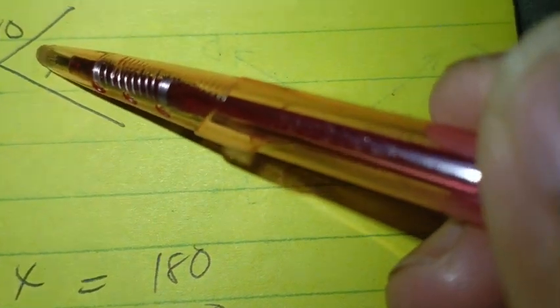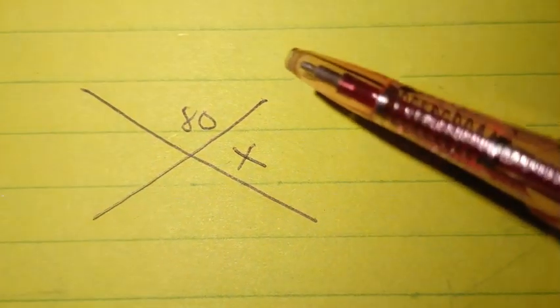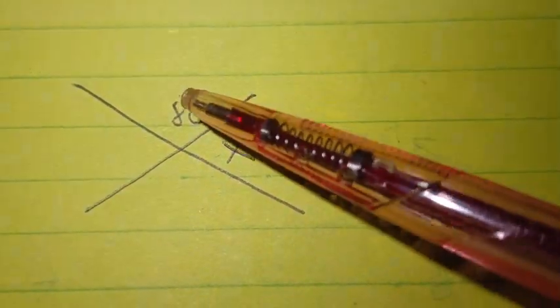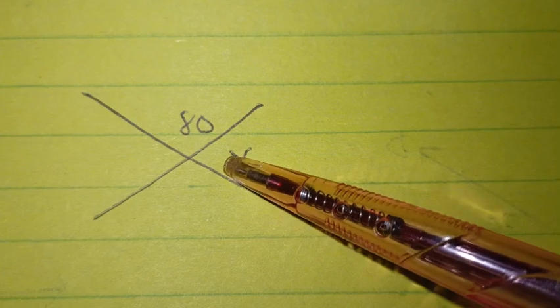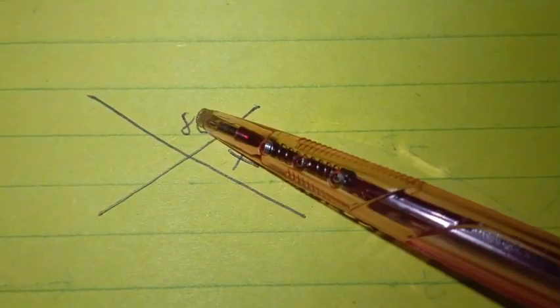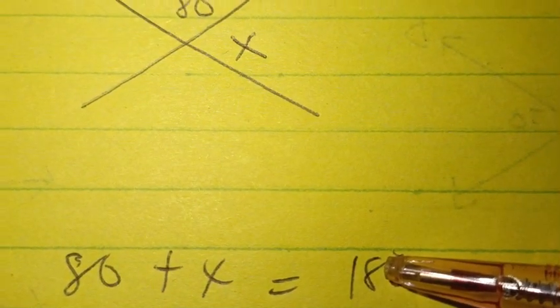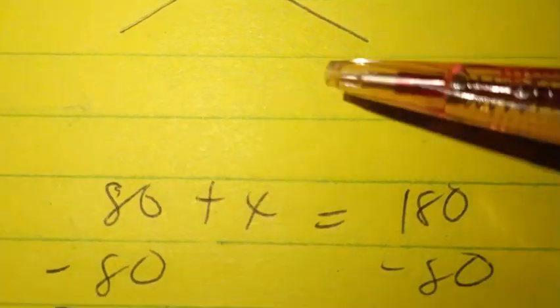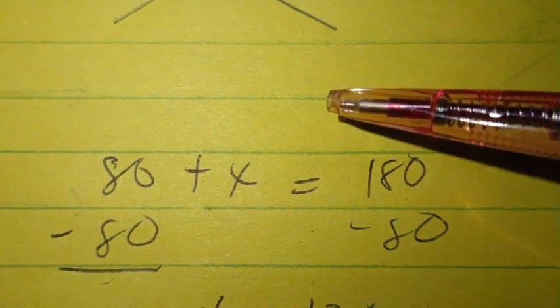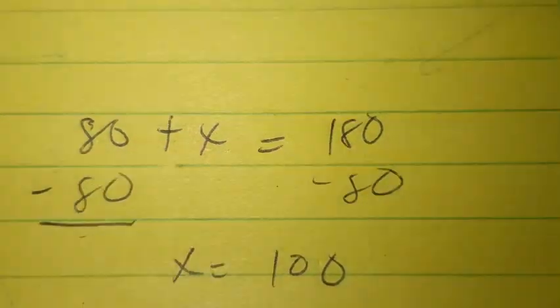Now the second example, these two form a linear pair. They're supplementary because they form a straight line when you add them together. So 80 plus x is equal to 180. Subtract both sides by 80 to get x. So x is equal to 100.